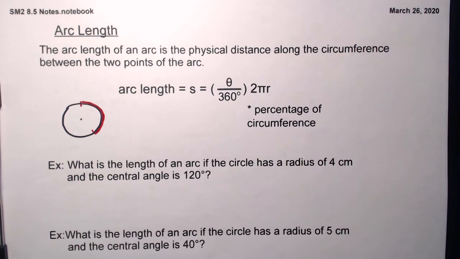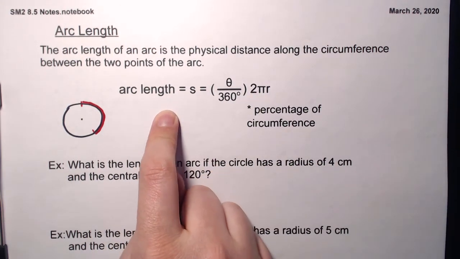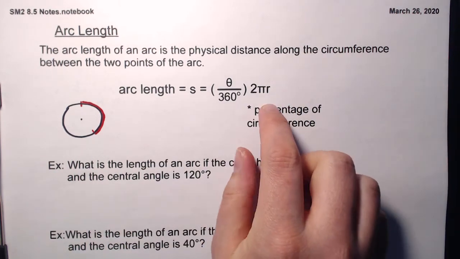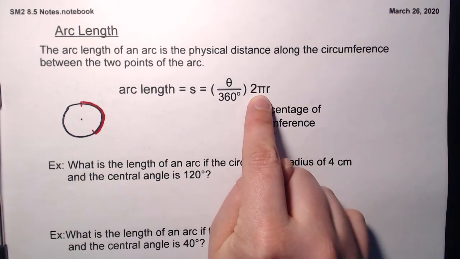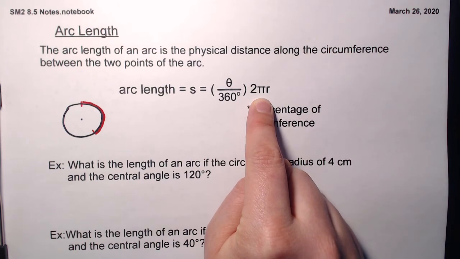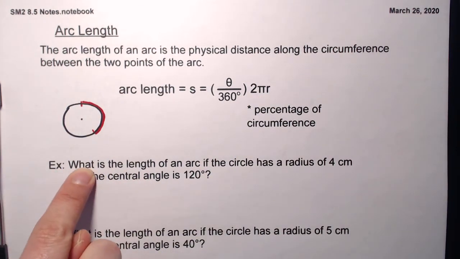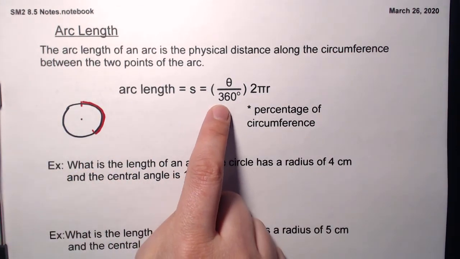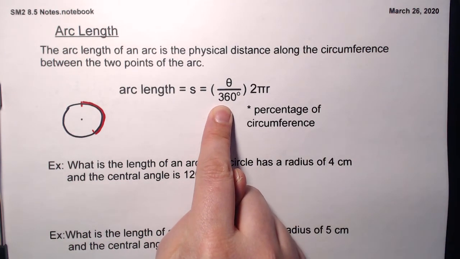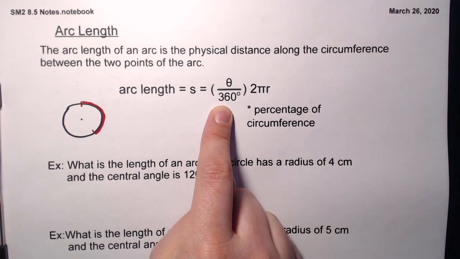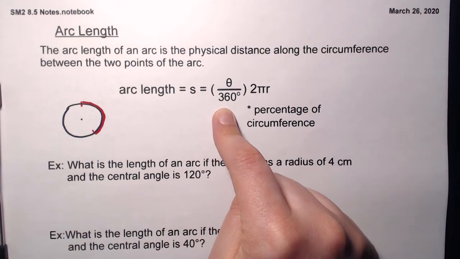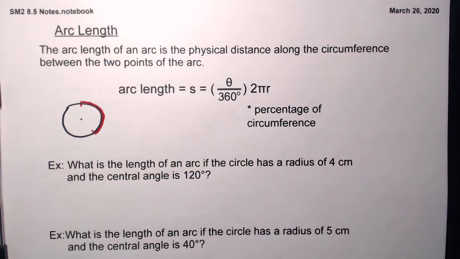That's where we would use this formula. Now, it's a formula, but it's also kind of intuitive, where we're taking 2 pi r, which is the circumference of the whole thing, and we're multiplying it by theta divided by 360. That's because that's going to be our percentage of the circumference that we're looking at.